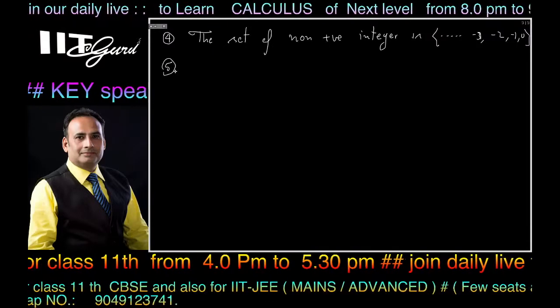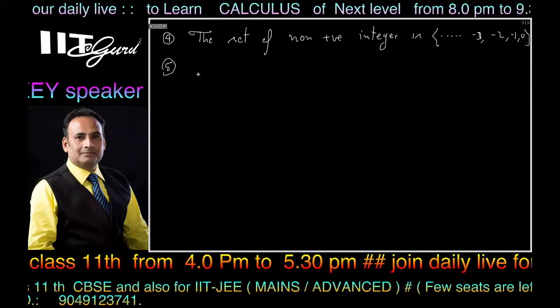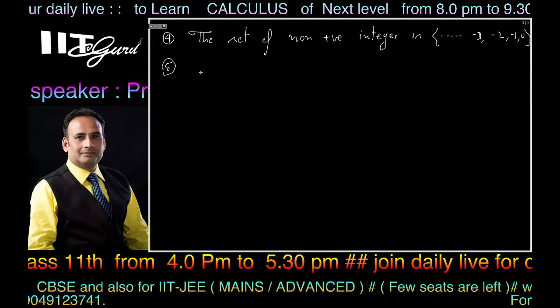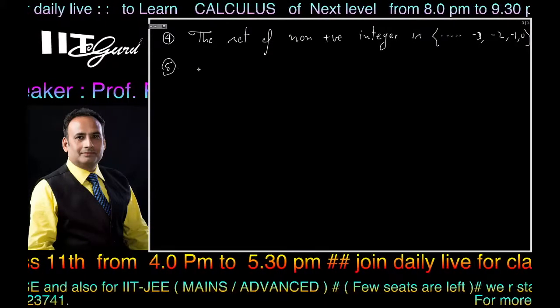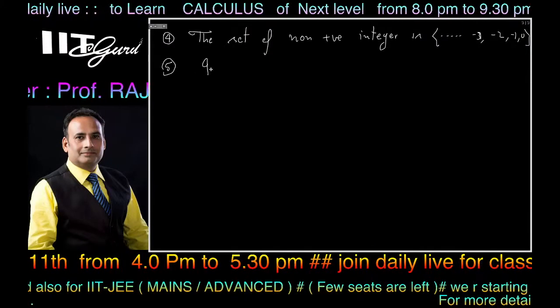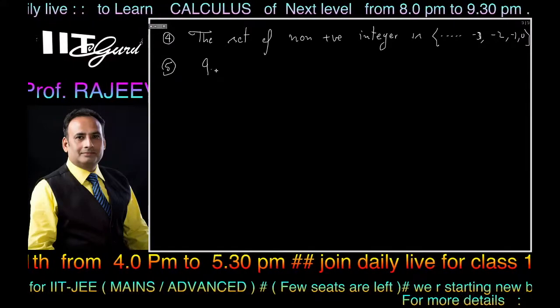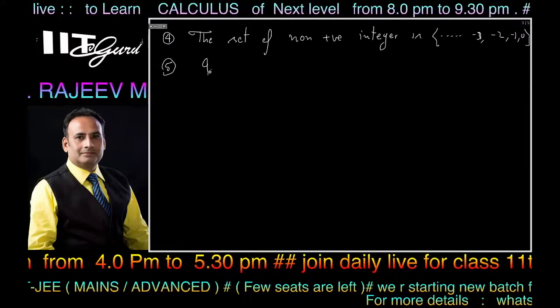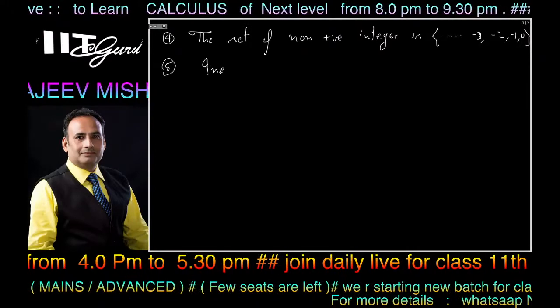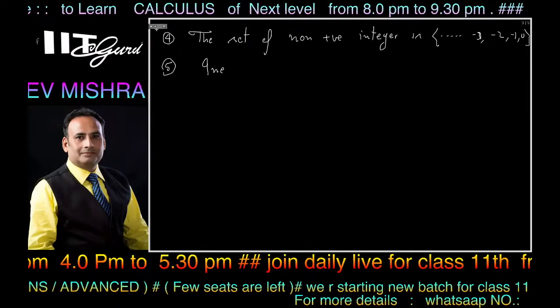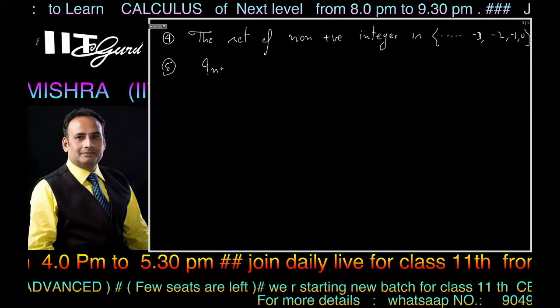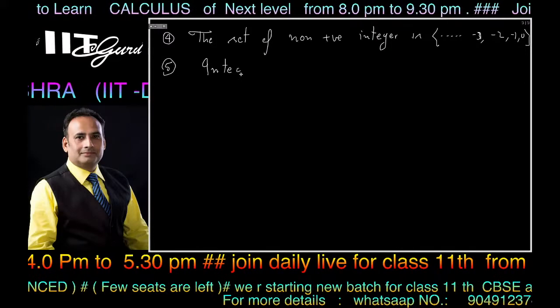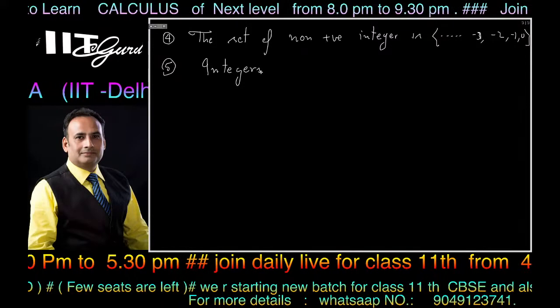Fifth note point: as you know, here there are integers. All integers are of two types, either even or odd integers. So what are the even integers?